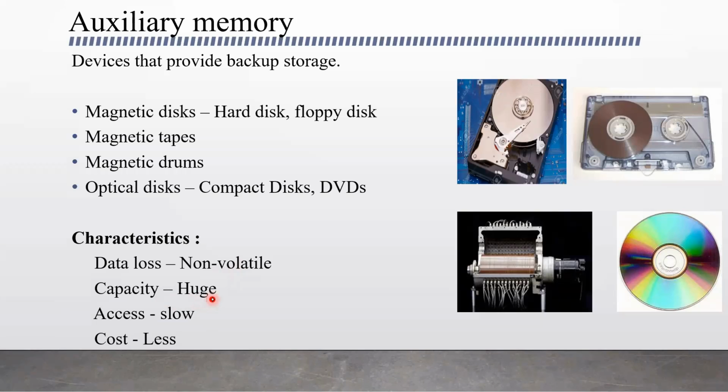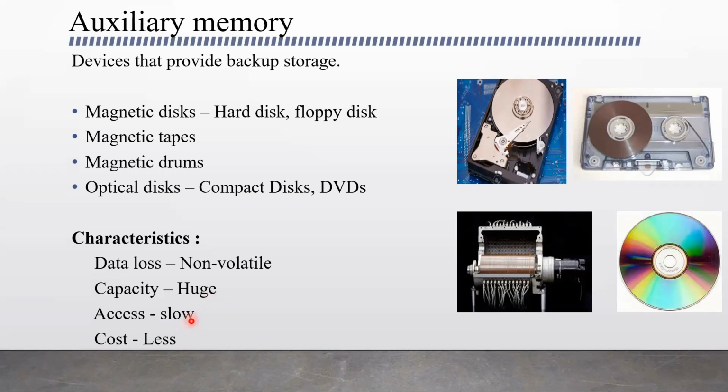Compared to main memory, these auxiliary memory devices have large storage. When we have a large auxiliary backup storage, the main memory space, which is expensive, can be reduced. So the capacity is huge, and access is slow.